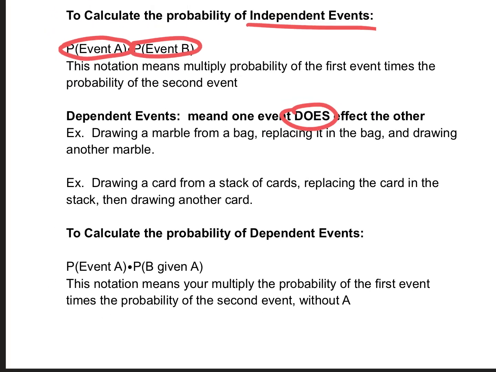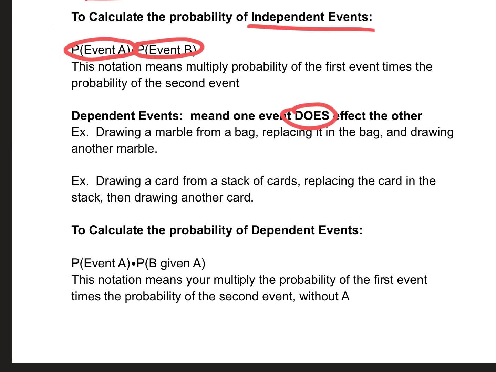So we've got a little mistake here on my notes that I'm noticing. If you draw a marble from a bag and you do not replace it in the bag and draw another marble, that means there's one less marble in the bag for you to pick the second time, which means that depending on what you got the first time, that's going to impact what you get the second time.